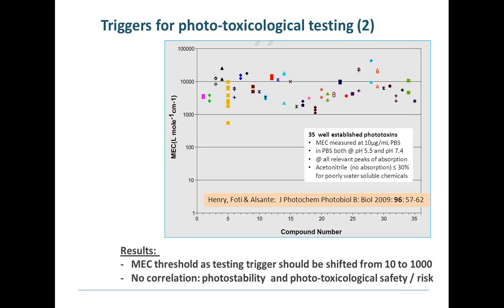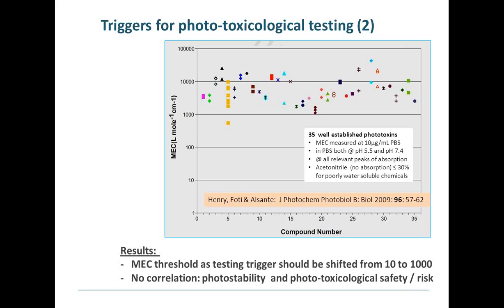Here you see one figure from this publication from Henry et al. These were 35 well-established phototoxins. They have been tested according to the OECD test guideline, with an absorption spectrum and the molecular extinction coefficient determined according to OECD test guideline 101.